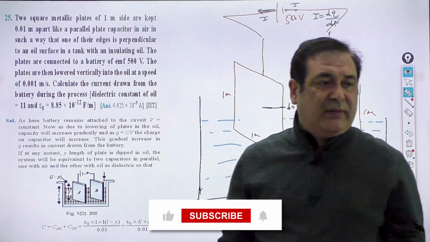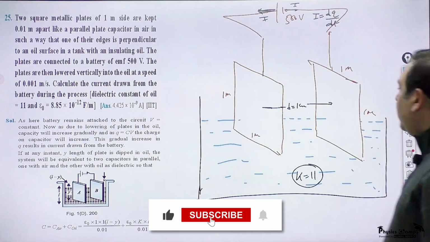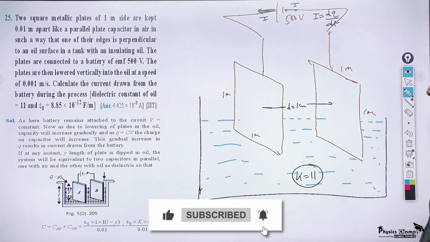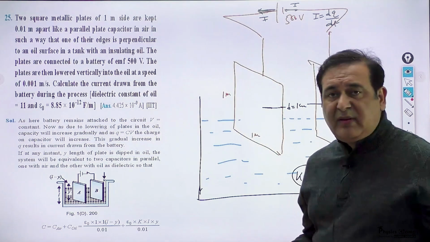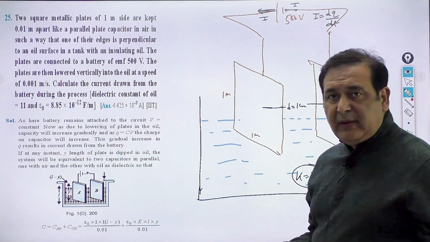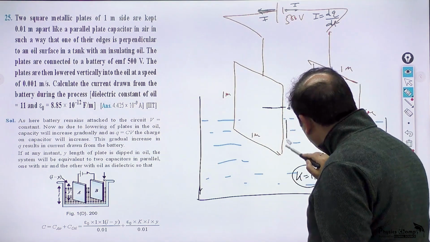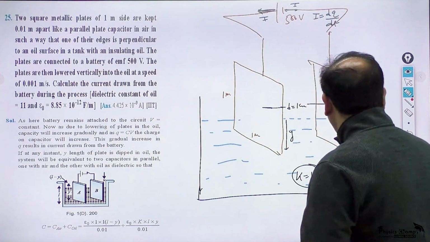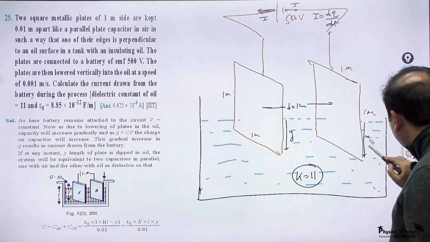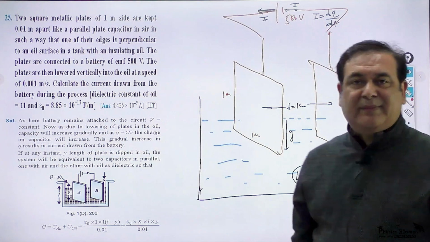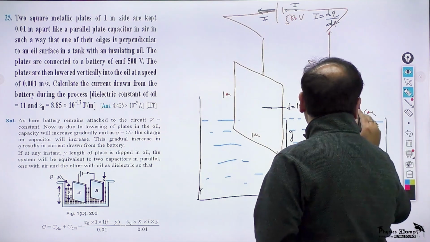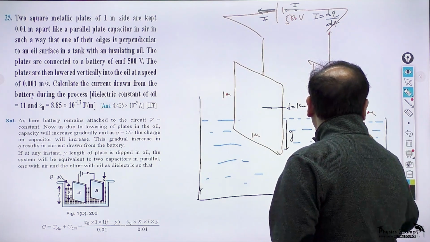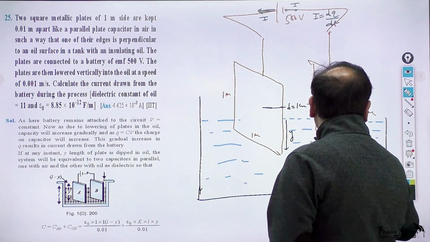To get that, we assume an intermediate situation while lowering: at a particular time, say y height of these plates is in the insulating oil, and how much height will be in air? 1 minus y.